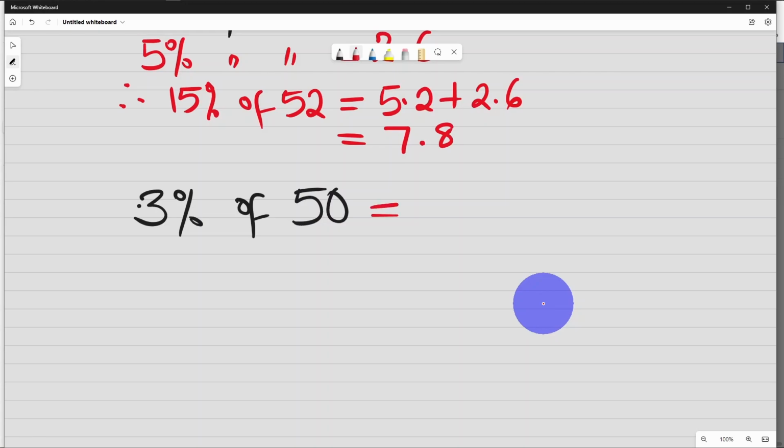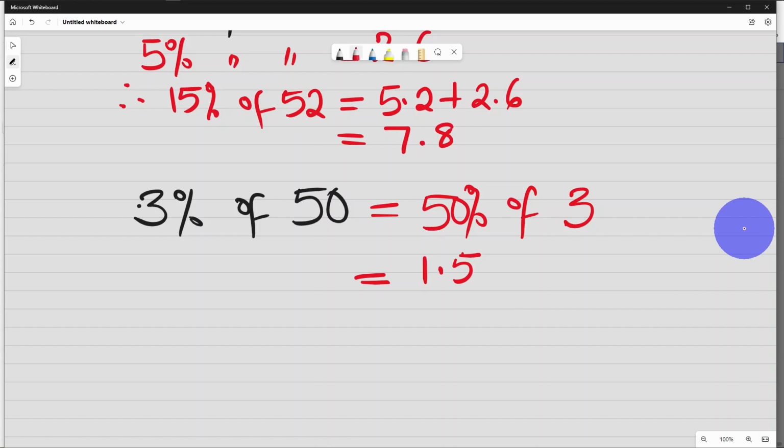It's the same thing as 50% of 3. And 50% of 3 is half of 3, that is 1.5. So you can confirm it. So finding a percent can also follow the commutative property of multiplication.